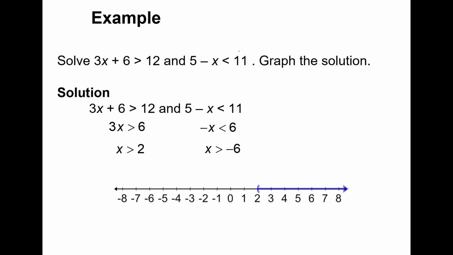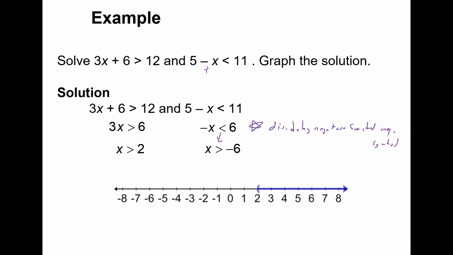You can take the x over here and the 11 over here, or if you take the 5 over, notice at this point, when we divide by a negative, we switch the inequality symbol. So here we switched it. That's one way to do it.